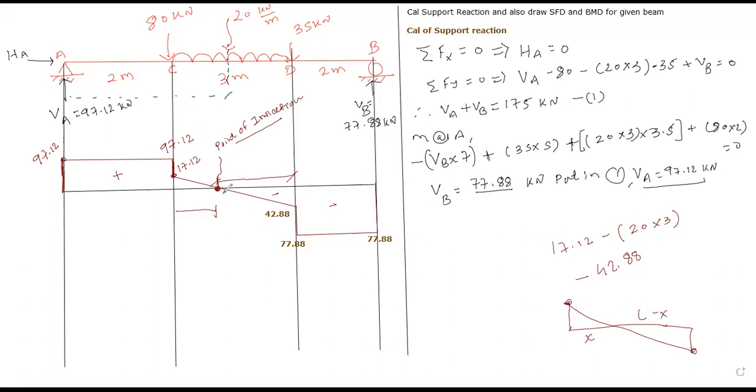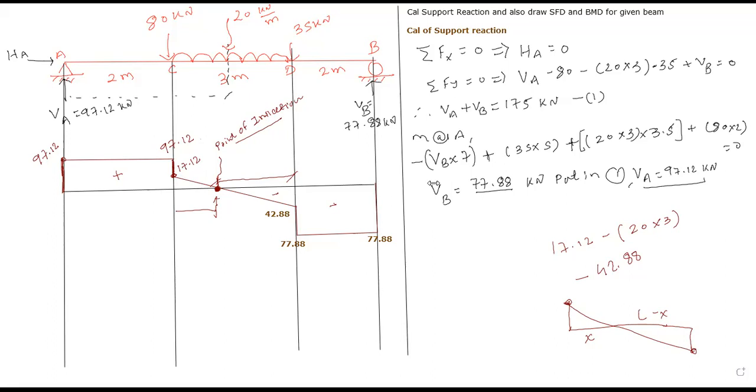What you have to do, listen to me very carefully. Point where shear force diagram becomes zero. First of all, see it at that point. From that point, see the latest value of shear force diagram. Now type in chat box, which is the latest value for shear force diagram, 97.12 or 17.12? Tell me first.